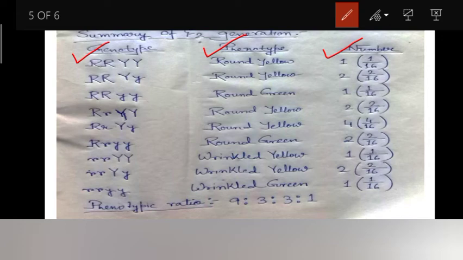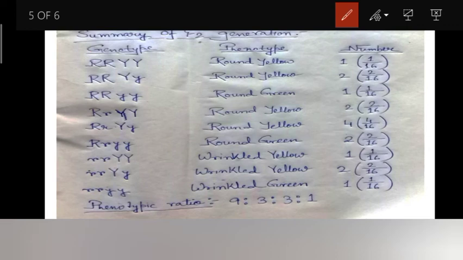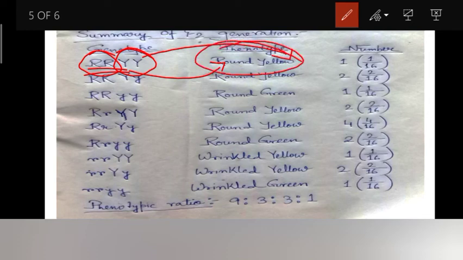From the Punnett square, we get this type of genotypic characteristics, and these are the phenotypic characteristics, and this is the number of frequency. This is capital R, capital R, capital Y, capital Y. This capital R gives round shape, and this capital Y gives yellow color. So this phenotypic characteristic gives 1 out of 16.